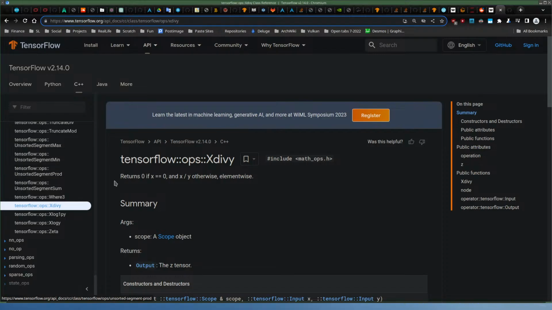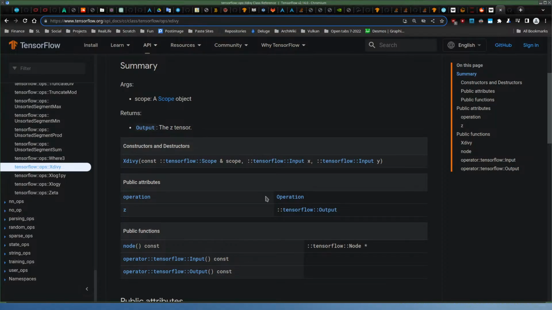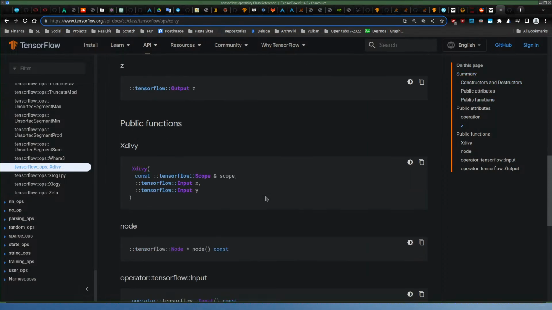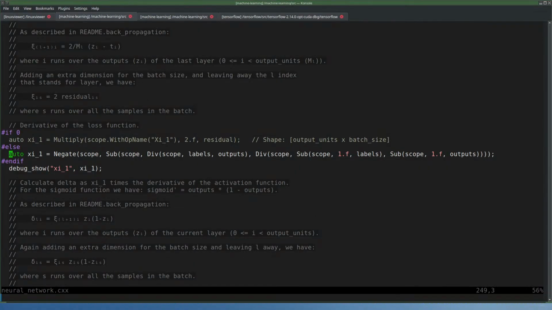Like literally here, I bet. Return 0 if x equals 0. Yeah, well, this is the one that we need. That's just the opposite of the x log y. Let's just use that one. So that's called x div y.